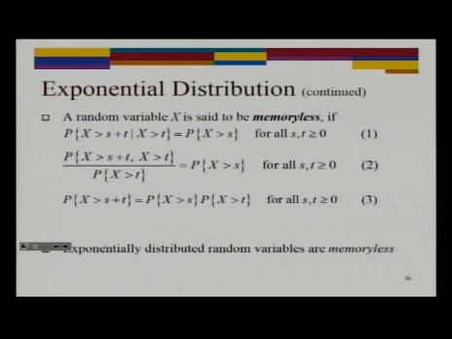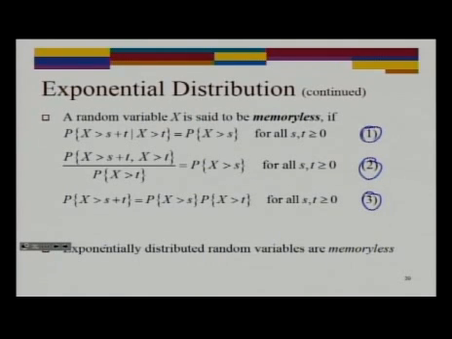So here, the condition in equation number 1 is equivalent to the condition in equation number 2. Okay? And also the condition in equation number 2 is equivalent to equation number 3. And you know this equation number 3 is satisfied when X is exponentially distributed.